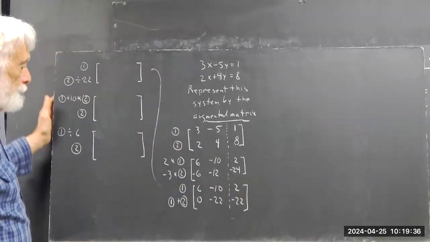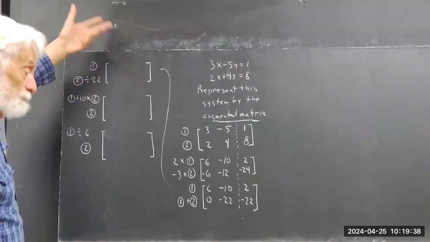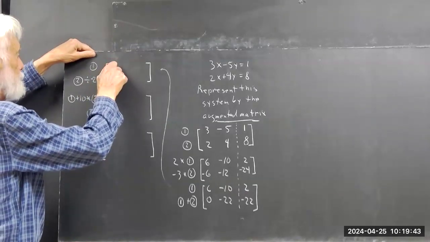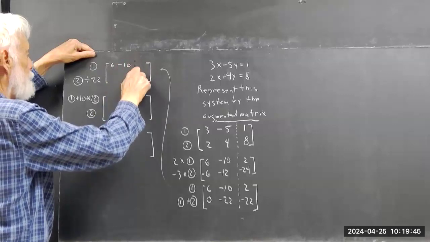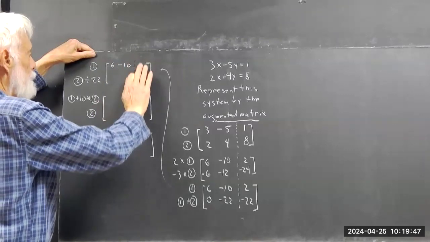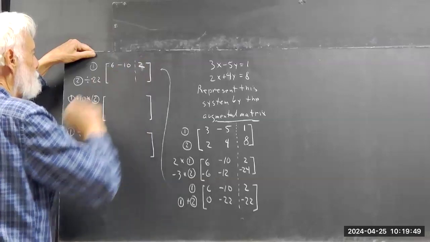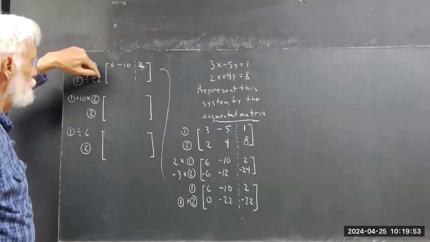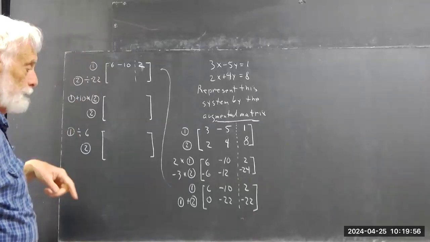Now, we again keep row 1. Let's write it down. 6, -10, 2. And then row 2 divided by -22.